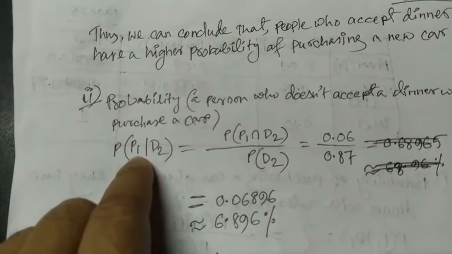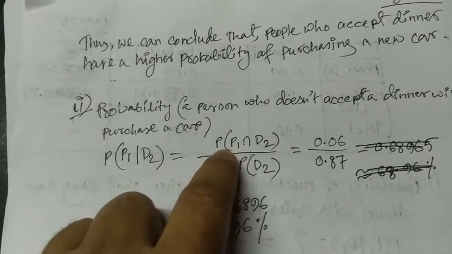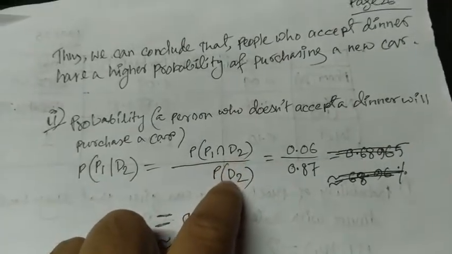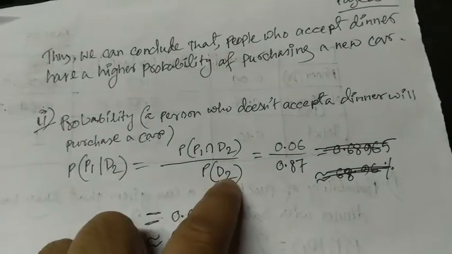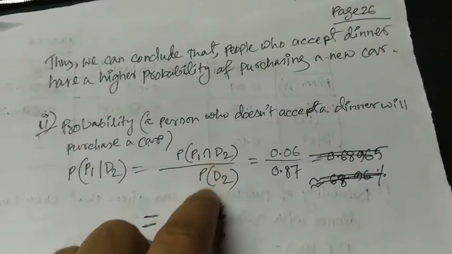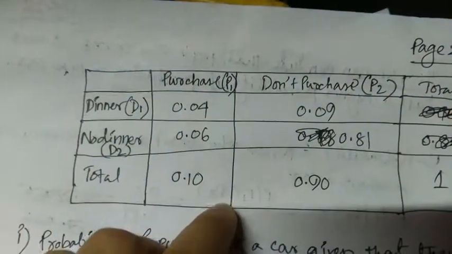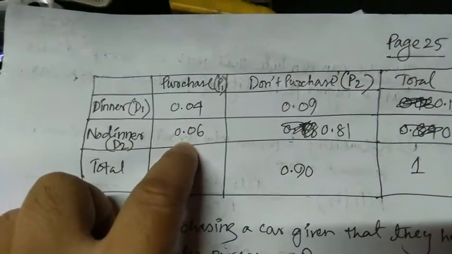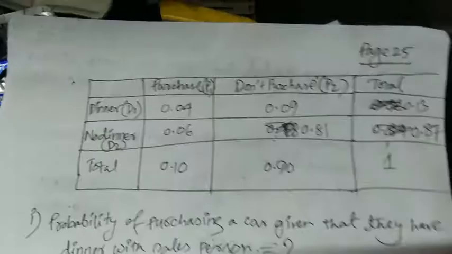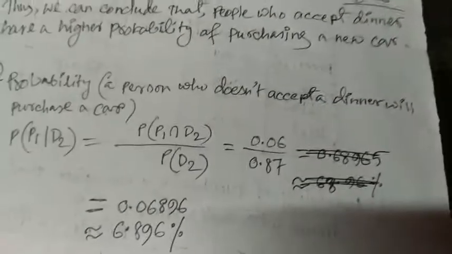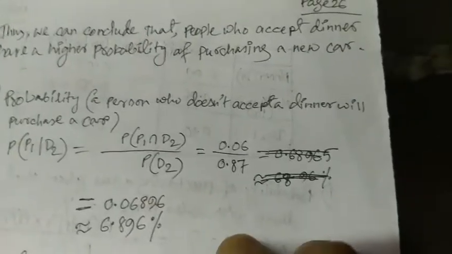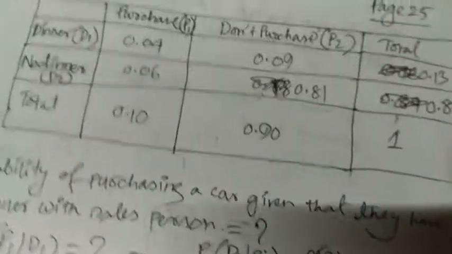So probability of P1 given D2 can be found as probability of P1 intersection D2 divided by probability of D2. From the table we can see this is P1 and this is D2, so probability of P1 intersection D2 is 0.06.